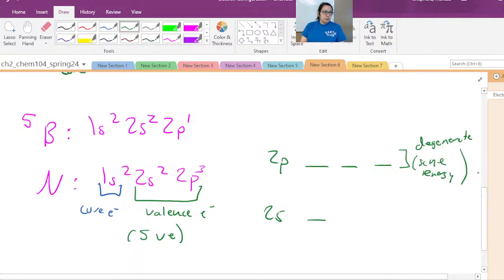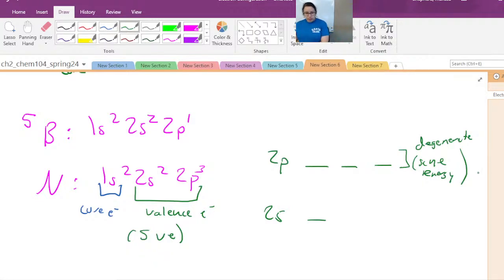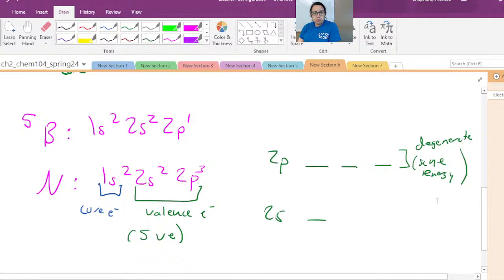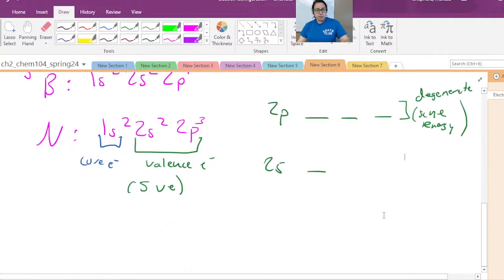Have you guys ever heard of the Candy rule or Hund's rule in chemistry before? In high school and middle school, sometimes you get an oversimplification of this rule, and I'll show the difference and where you might get some discrepancies.